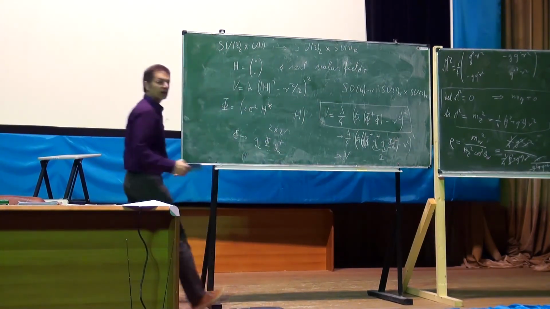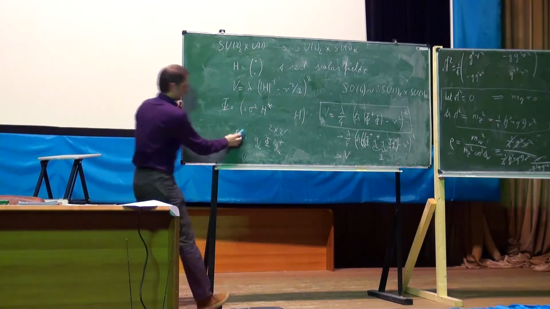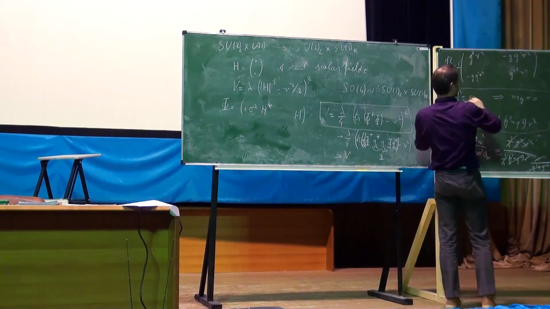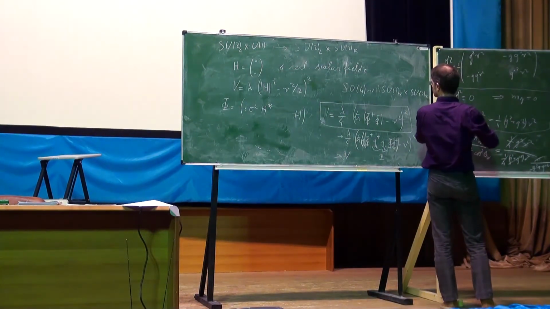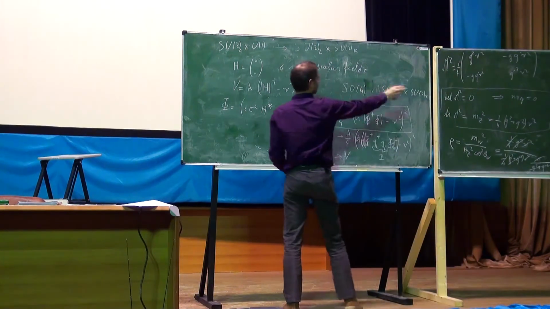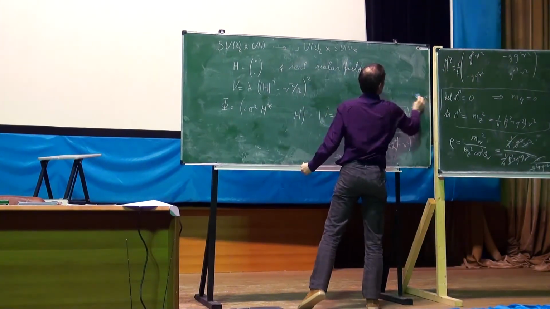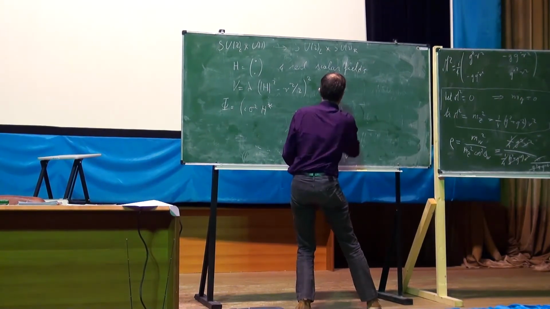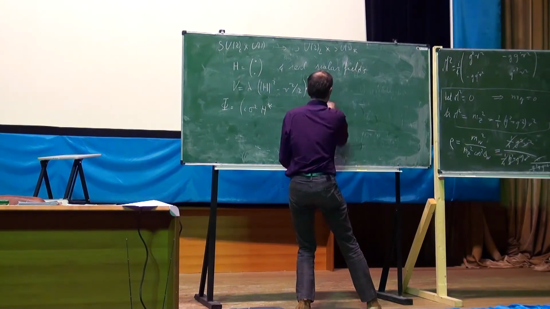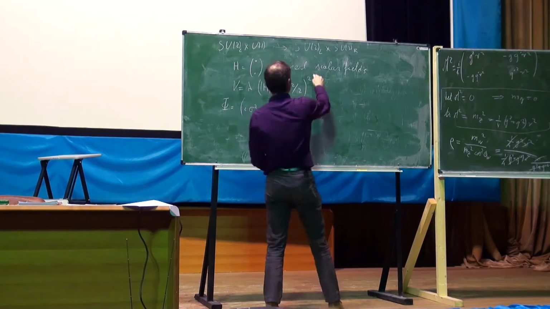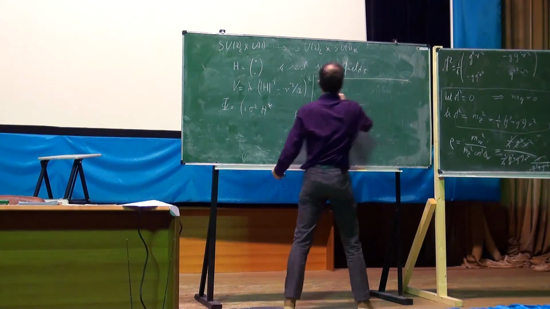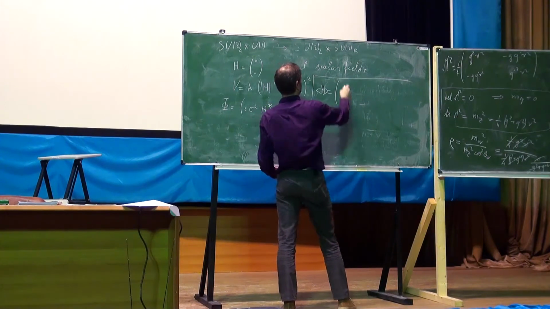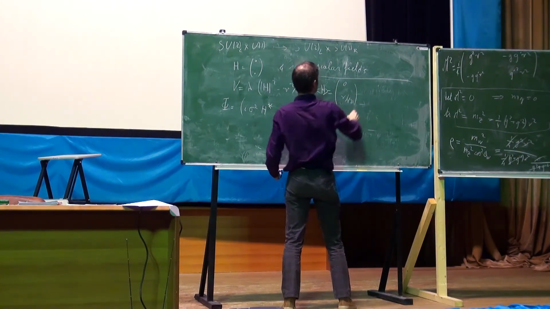So now what is happening in the vacuum? In the vacuum, the expectation value of H is 0, v divided by square root of 2.